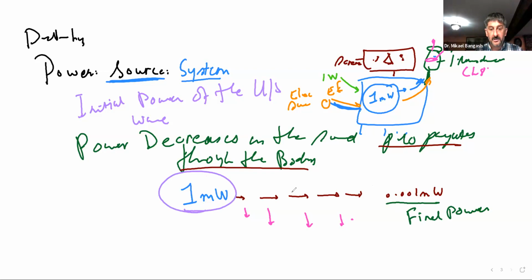As that travels through the tissue or through the body, it decreases. So at a greater depth, XYZ centimeters deep into the body, the amount of energy that will reach there is reduced.